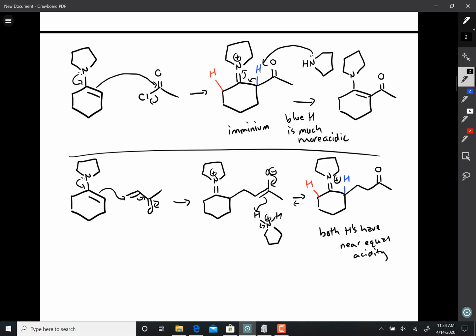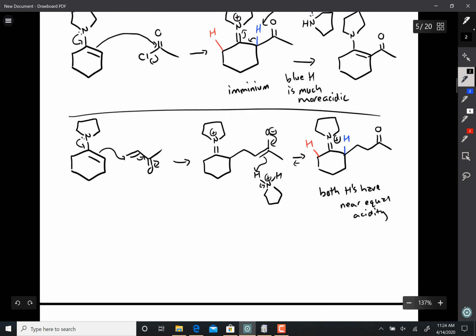So in this case right here, the red hydrogen is preferred to be the one taken off.